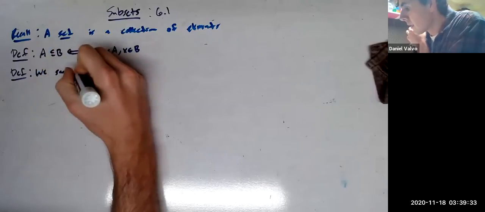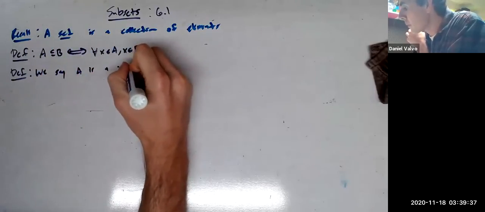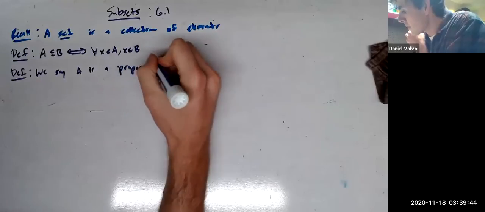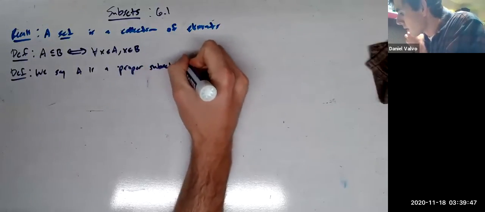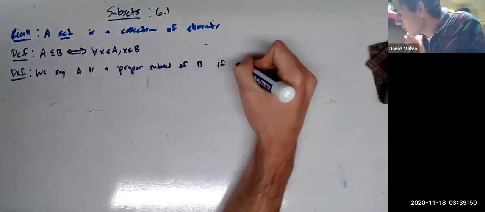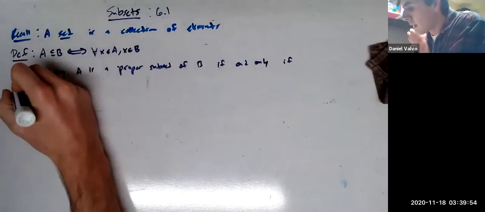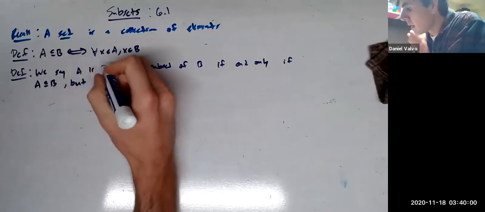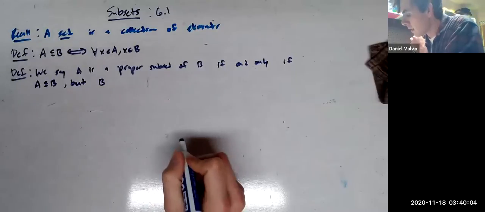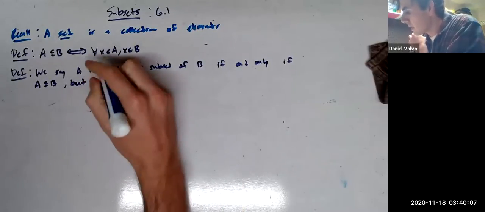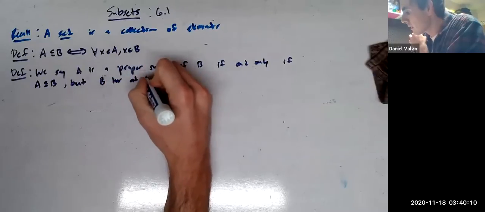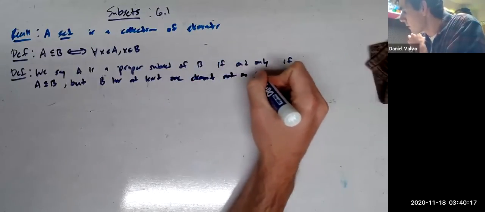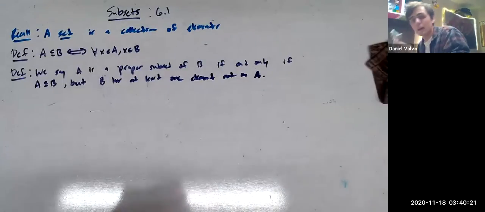We say A is a proper subset of B if and only if A is a subset of B, but B has at least one element not in A.